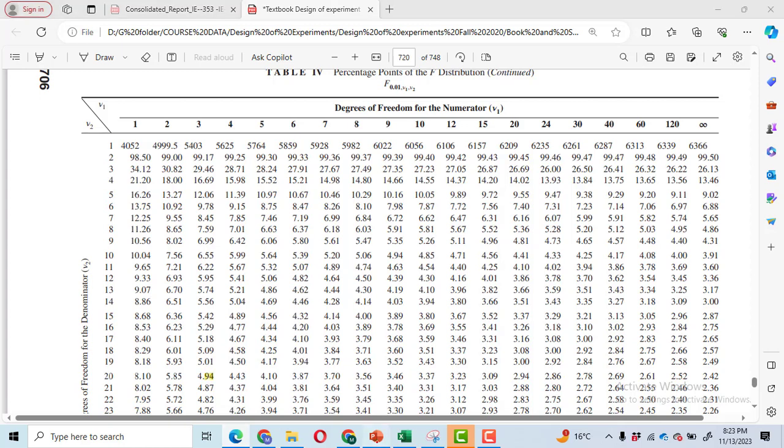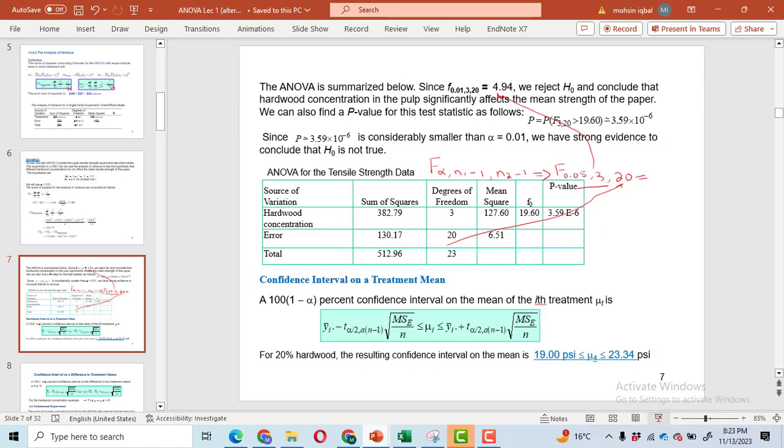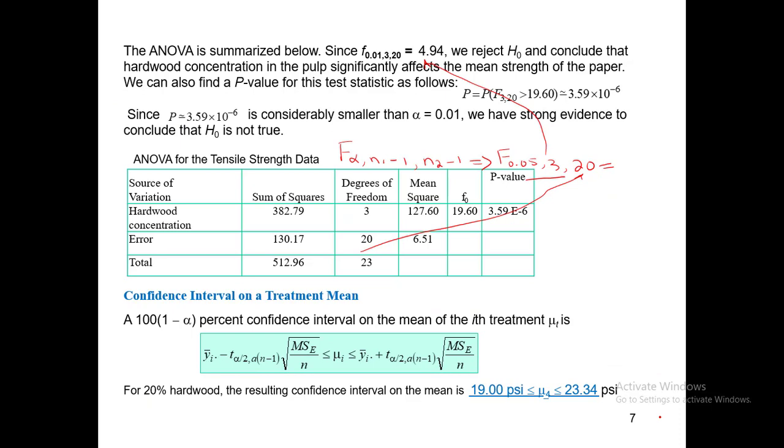Now if we go again to the presentation, we will see that the F naught value that we have computed from the question is greater than the F table value. I mean, 19.6 is greater than 4.94 if we take the alpha value equal to 0.01, and it is also greater than the table value for 0.05, which was, I think, 3.10 if I'm not wrong.